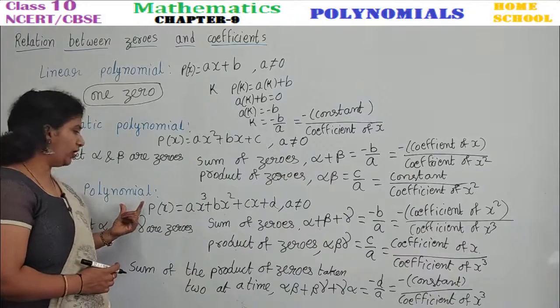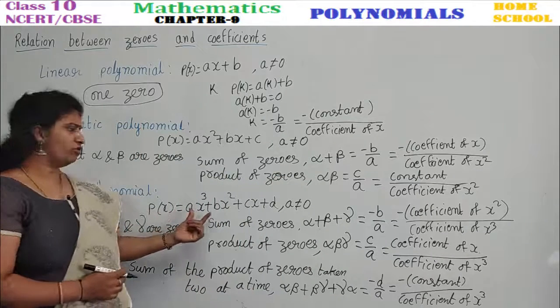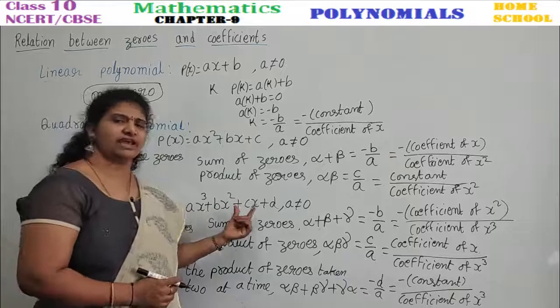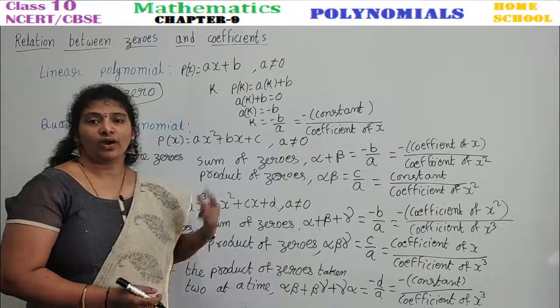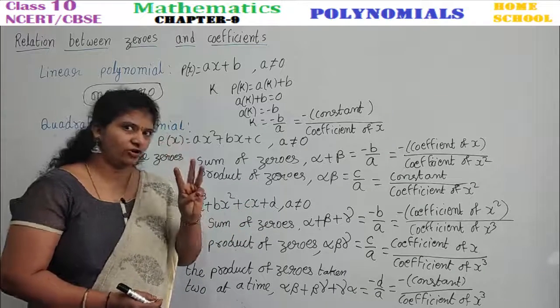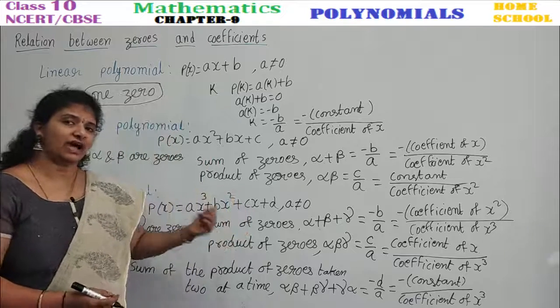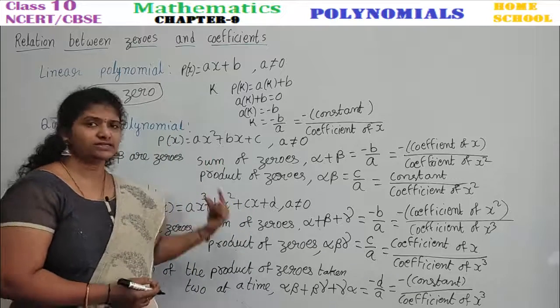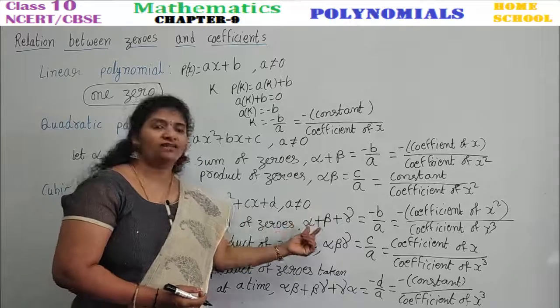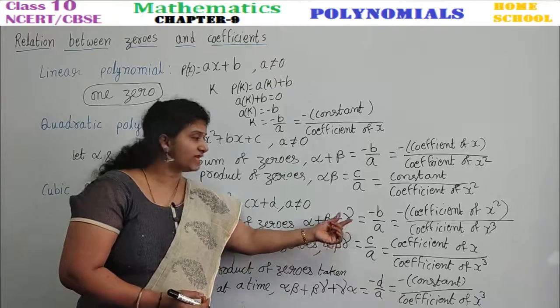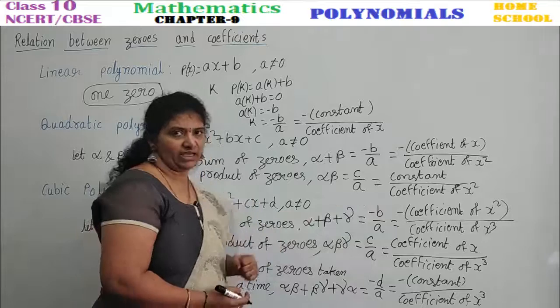Coming to your cubic polynomial, standard form you know ax cube plus bx square plus cx plus d. It will be having three zeros, right? So we have assumed here alpha, beta, gamma are the three zeros. Sum of the zeros alpha plus beta plus gamma is equal to minus b by a.